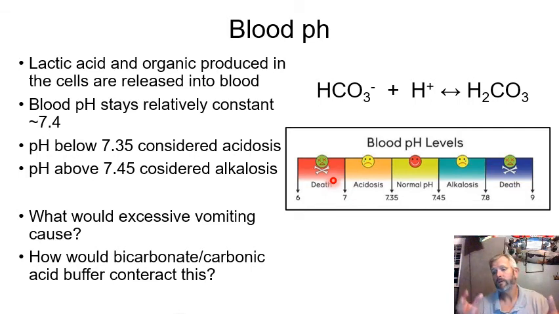Okay, one of our first ways of keeping this in a homeostatic range is called a buffer system. The one we're going to be discussing in great detail through the semester is the bicarbonate, carbonic acid buffer system. Okay, I'll just write these down real quick. And what is bicarbonate?